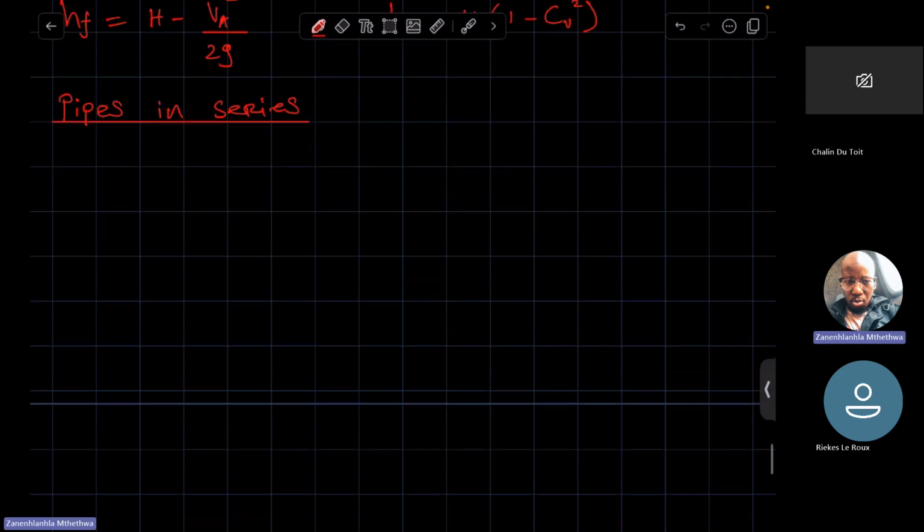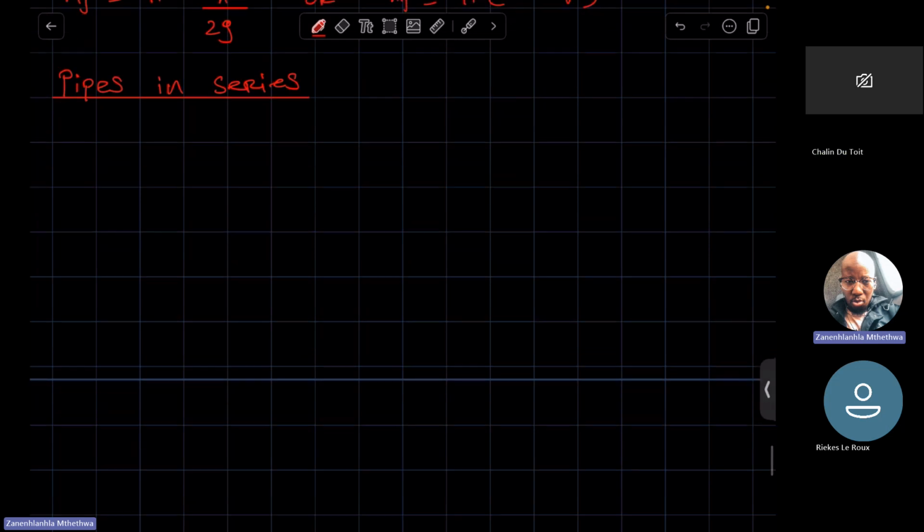How we apply the continuity equation is, if we have three pipes connected in series, Q1 will be equal to Q2, which will be equal to Q3. That is pipes in series. So you can use any two pipes to calculate whichever quantity you might be looking for, be it the velocity. Remember, this is V1 times A1, equal to V2 A2, equal to V3 A3.